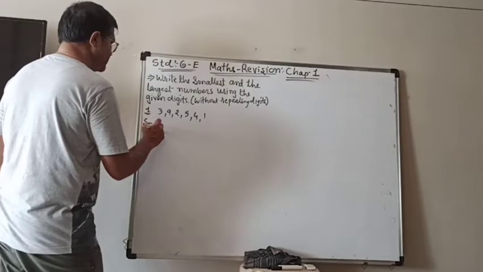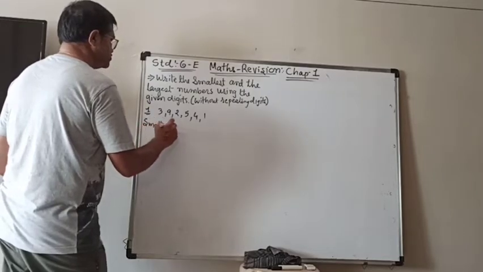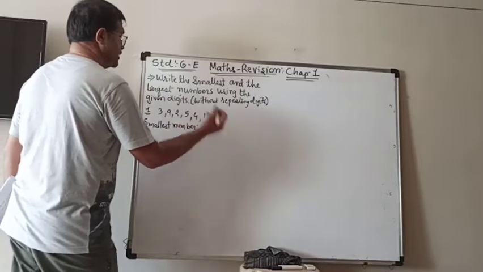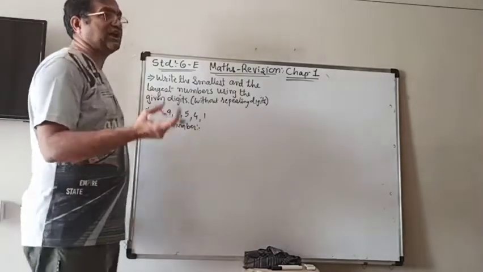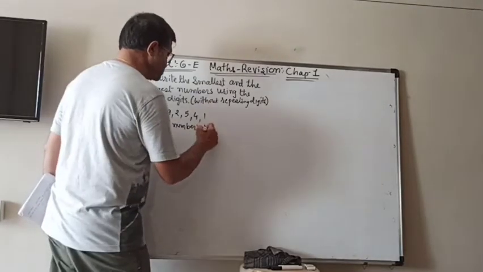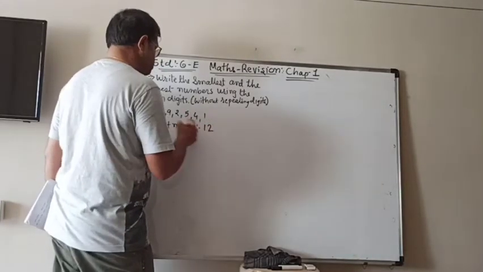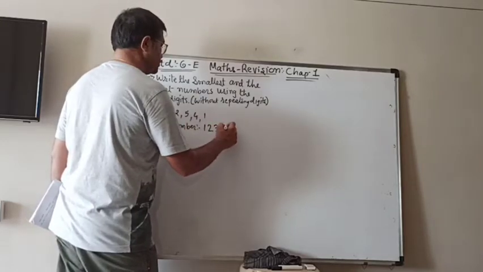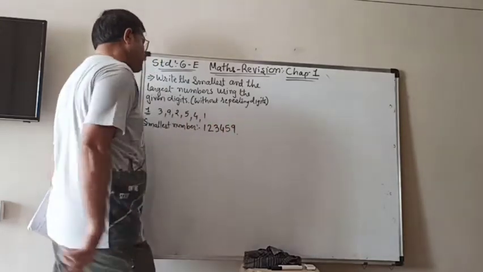So now we will write down the smallest number and the largest or greatest number. First we will write down the smallest number. Smallest number means we have to start from the smallest digit. So here 1 is the smallest digit, second is 2, 3, 4, 5, 9. 1, 2, 3, 4, 5, 9.